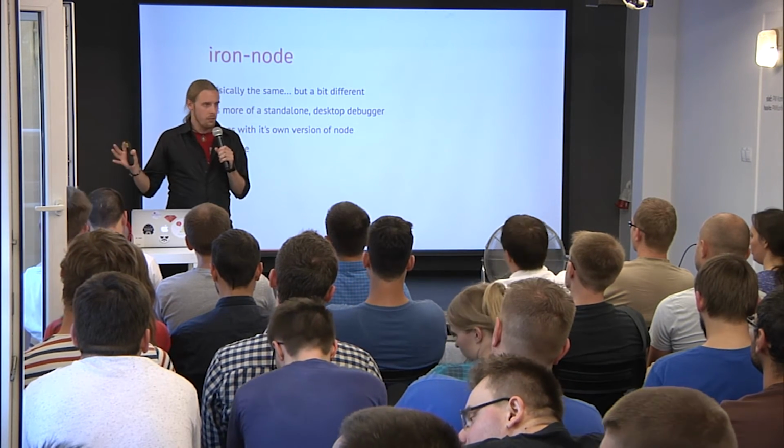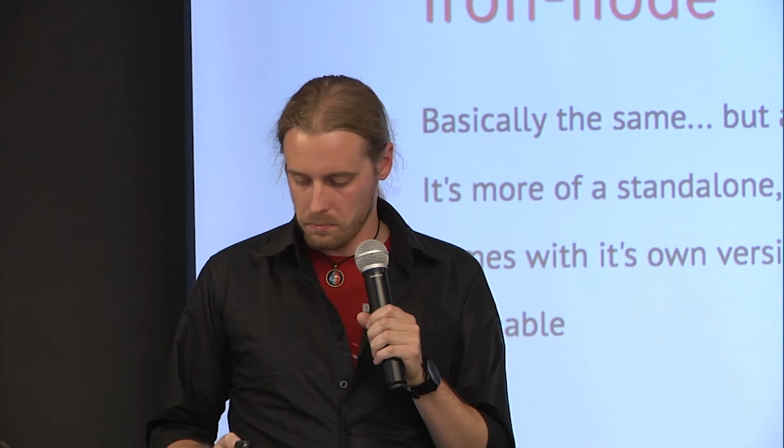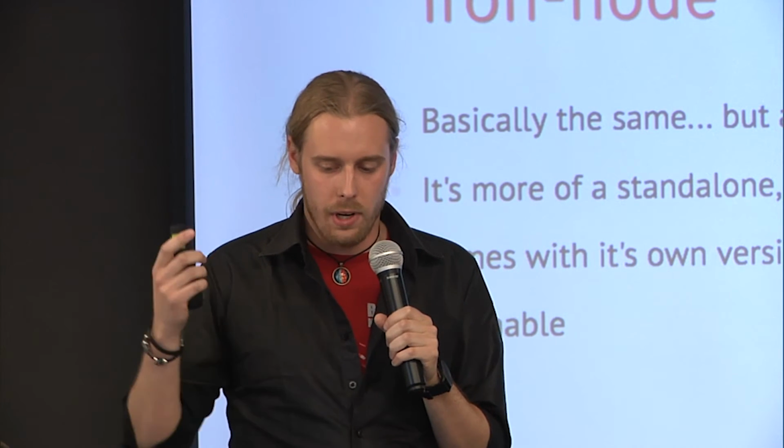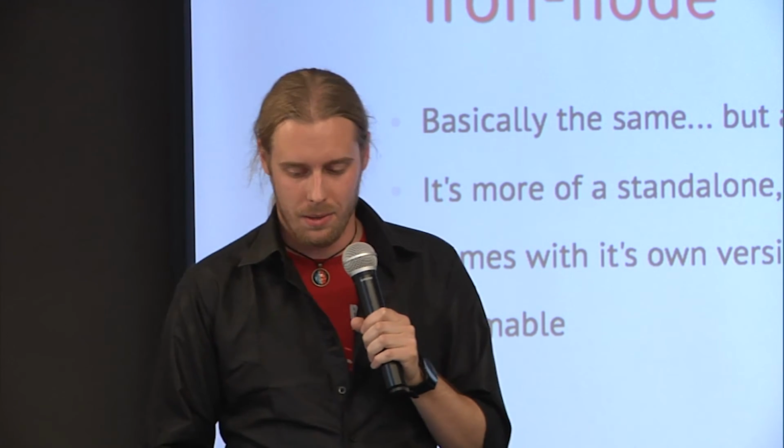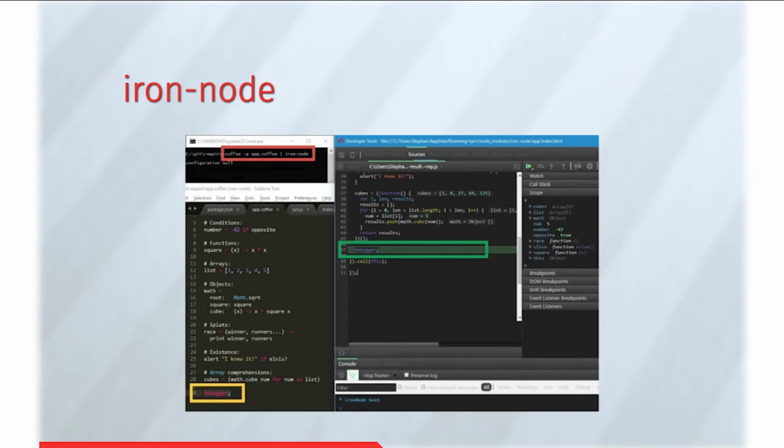It's standalone, it doesn't have any impact on your Node environment. And if you really like different colors than the standard one, it's themable if you want. So that's how it looks. Pretty cool, right? Nah. Black colors, nah, who is that? So yeah, those are the debug tools.